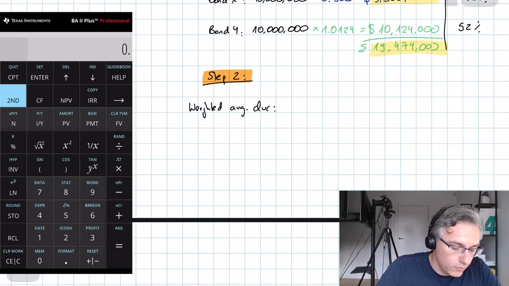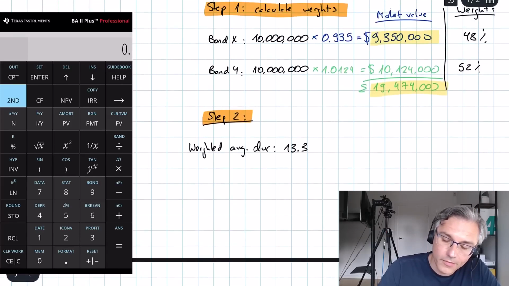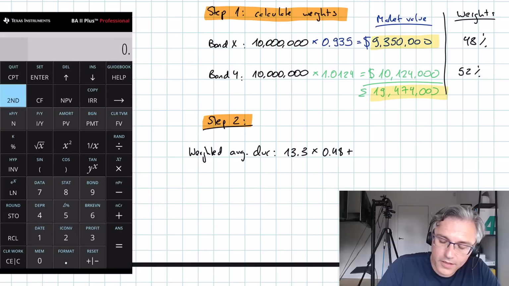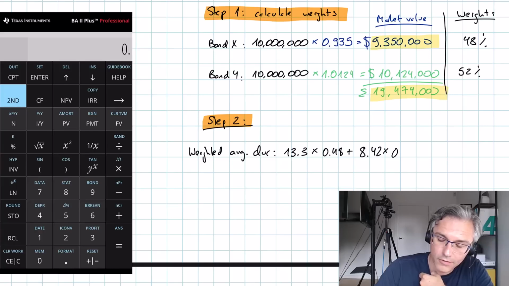Okay, the first one was 13.3. Sorry, the duration was 13.3. I'm going to multiply that by the first weight for bond X, so 0.48, and then the second duration was in fact 8.42, and I'll now utilize the second weight, that's 52%.